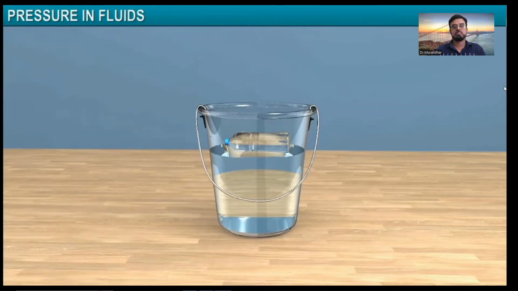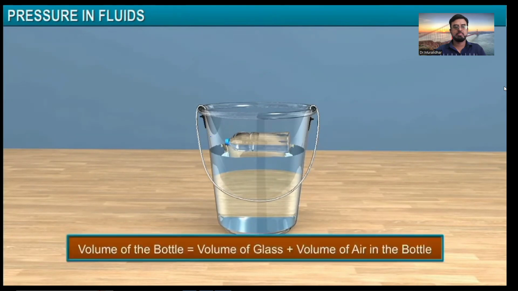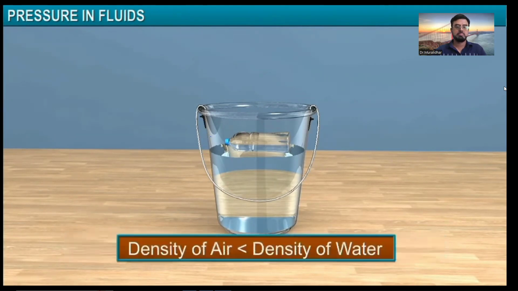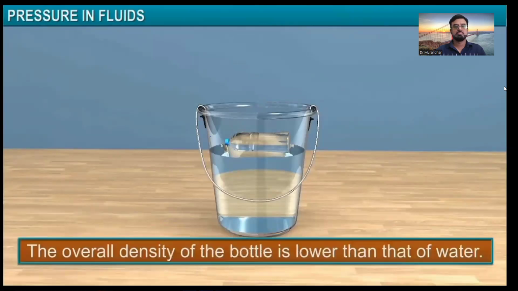Here's the reason why. The bottle contains air inside it. The volume of the bottle includes the volume of air in it. The density of air is much less than that of water. This means that the overall density of the bottle becomes lower than that of water.